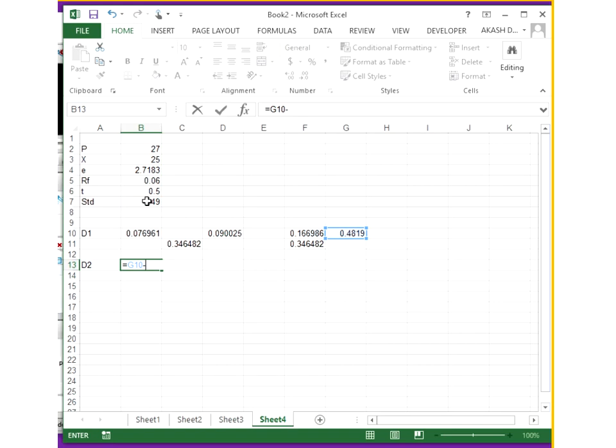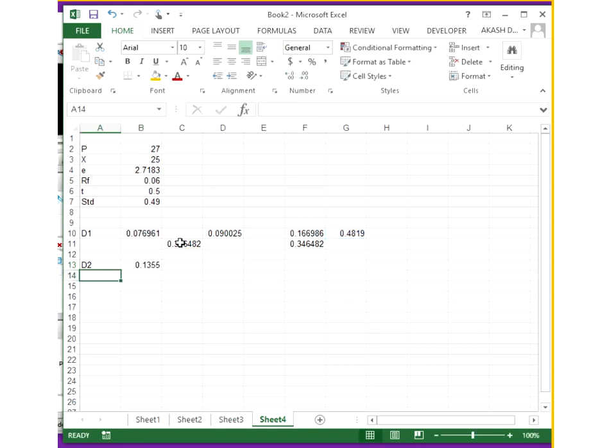Actually, we have done that, so I can just take that number here. Yeah, this one here. So it's 13.55, which is now exactly as in the PowerPoint. So my numbers are correct. Okay, so these are my numbers.